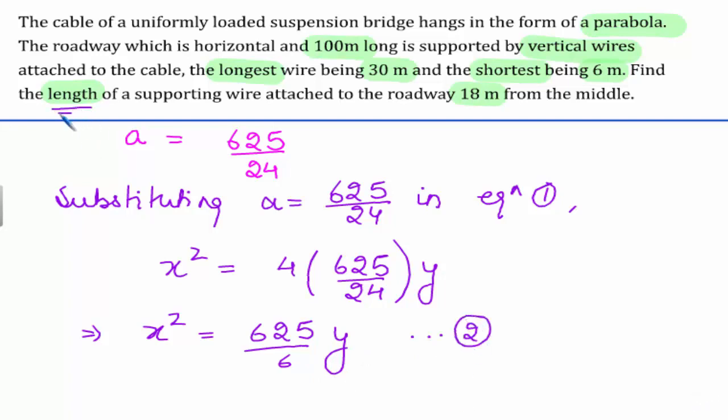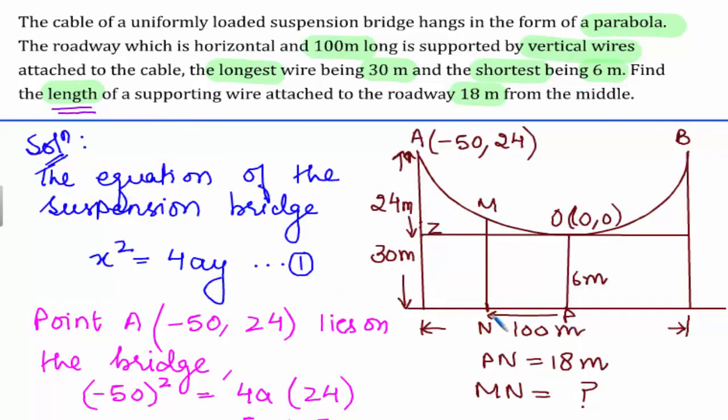Now we have to find the length of the supporting wire attached to the roadway, which is 18 meters from the middle. Now we have already supposed that the point N is 18 meters from the point P. So we have to find the length of the wire MN. Now the coordinates of point M are, the x coordinate moving towards the left from the point A is minus 18, and the y coordinate here is h, let us suppose.